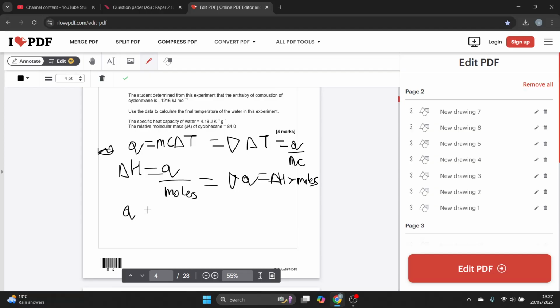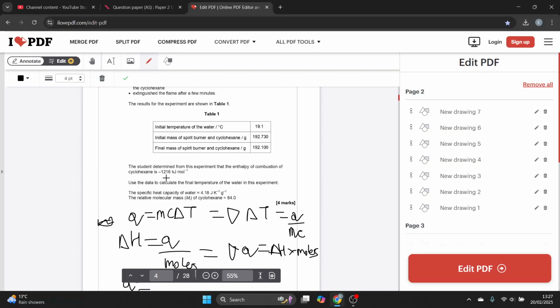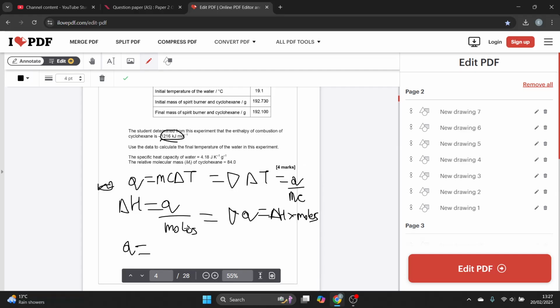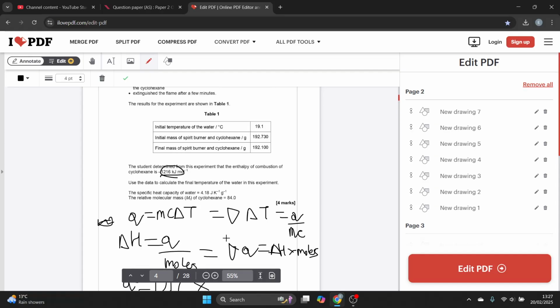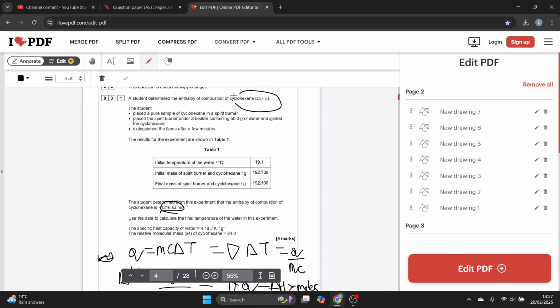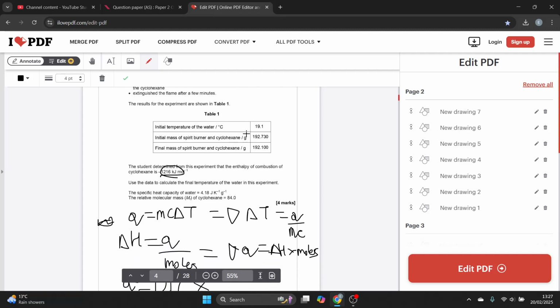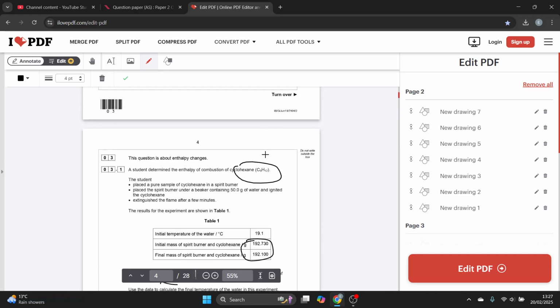So therefore Q equals delta H, which is 1216. I don't care about the negative, that just tells me it's exothermic. Temperature increases. 1216 times by number of moles. Well, the moles of what? The moles of cyclohexane. So it's going to be the mass, the difference between these two, 192.730 minus 192.100, 0.63, over the Mr of cyclohexane, which is 12 times by 6, 72, plus 12.